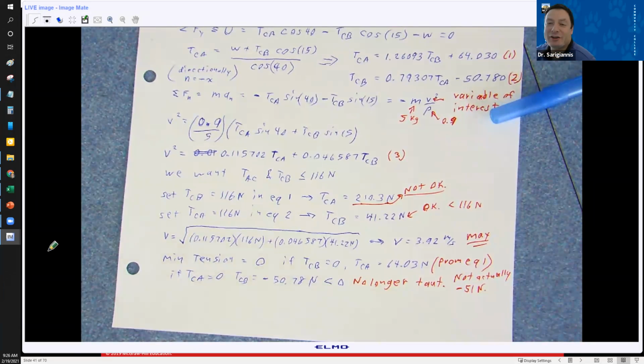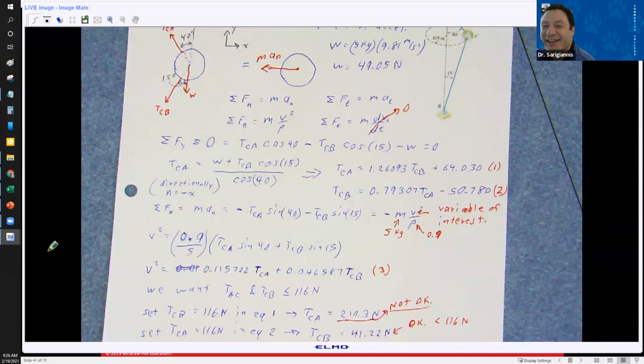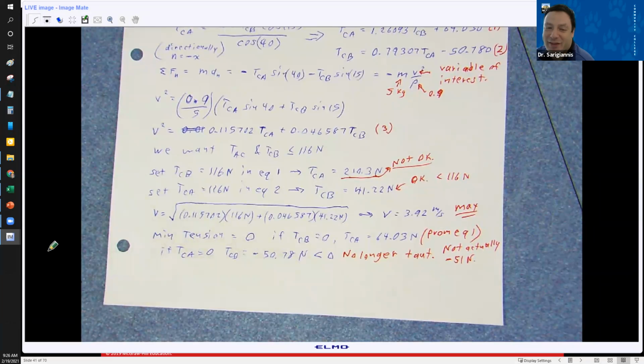It's not actually negative 51 newtons. Like you're not going to be compressing your wire. The wire is just showing you mathematically it's less than 0. So as an engineer, you have to recognize, oh yeah, well, the tension's negative. It just means it's less than 0. It's not a realistic scenario. It's not going to be taut anymore.